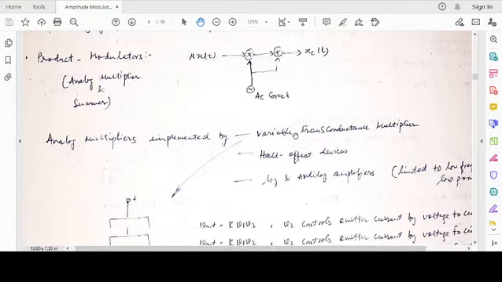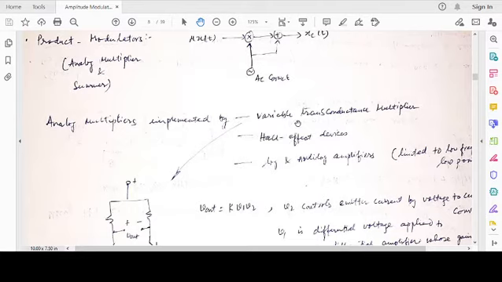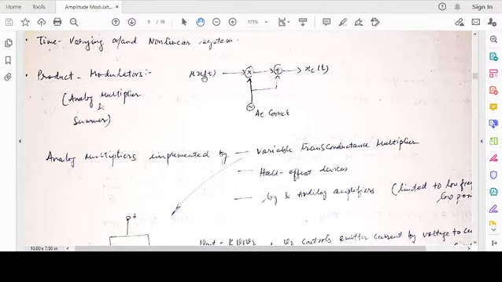An analog multiplier can be implemented in various ways, like the variable transconductance multiplier. This is one of the most often used techniques. Hall effect devices are not quite used, but theoretically it's a good concept. At low frequency, people tend to use log and anti-log amplifiers. So basically, when you multiply two signals, you realize the process of multiplication by taking the logarithm of both signals, a log amplifier implemented using an op amp.